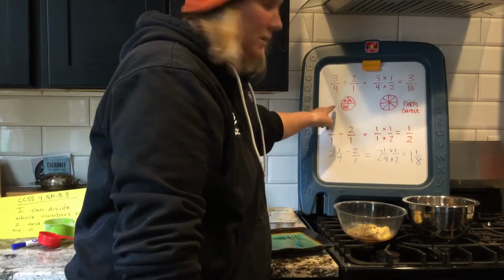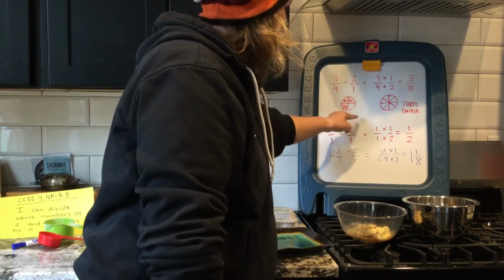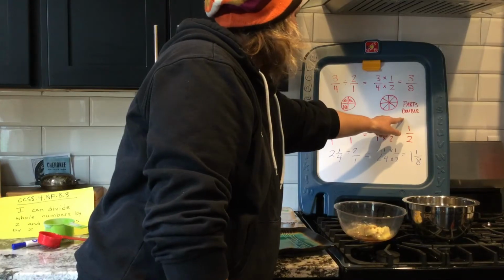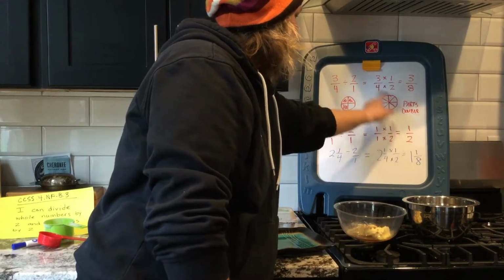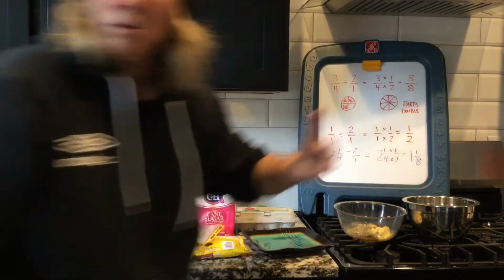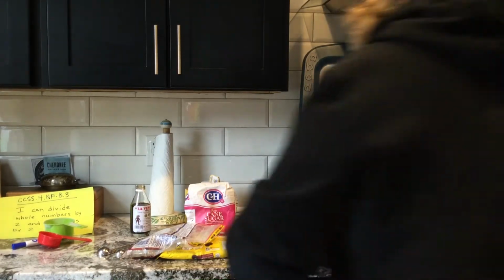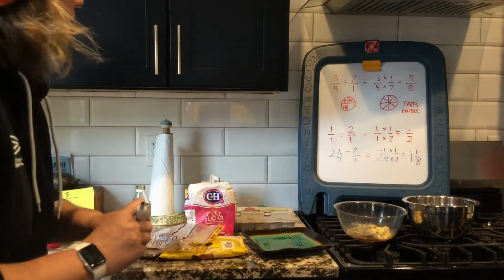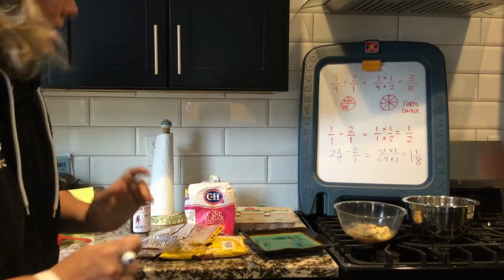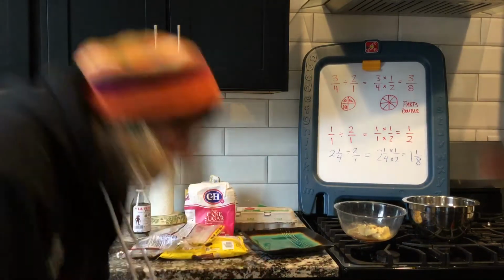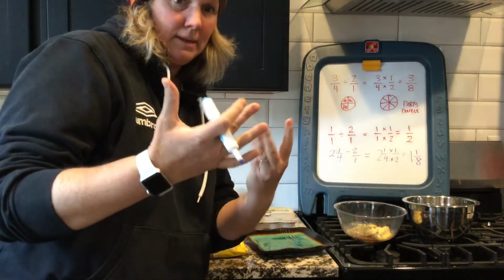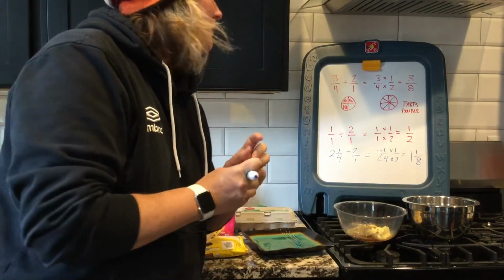If you see here, here is our 3/4, and now we have to double our parts. When we multiply by 2, 4 times 2 is 8, we double our parts of our whole. So when we do that, our numerator, that's the number on the top, is going to be the same.